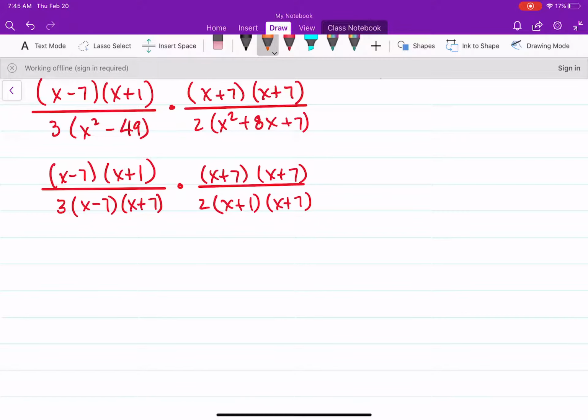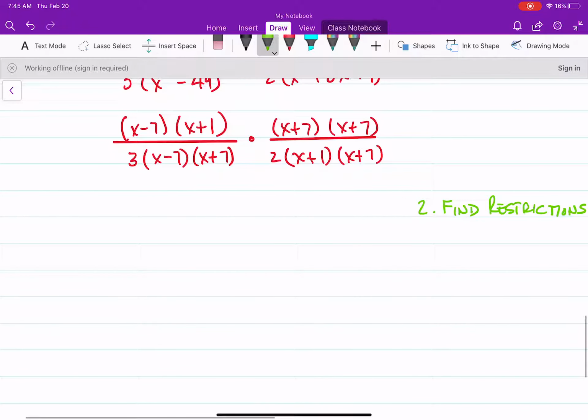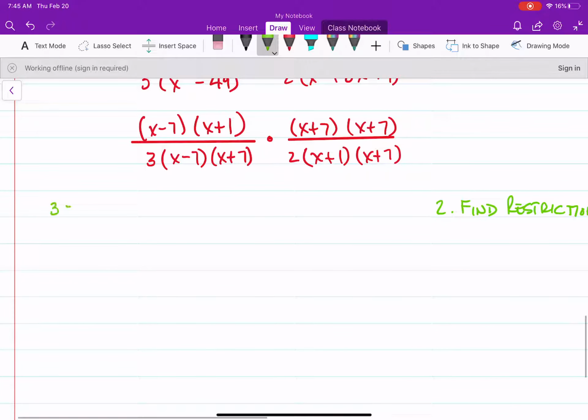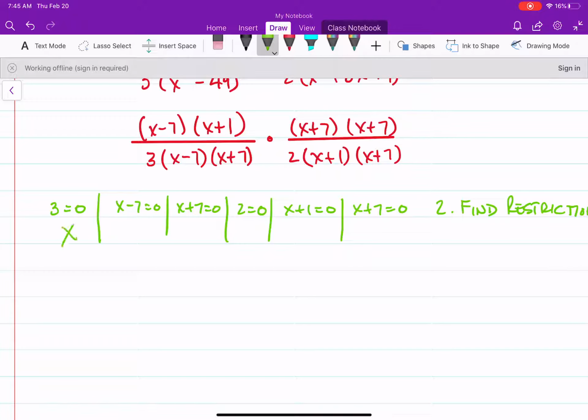So step 2 is to find restrictions. So we're going to have 3 equals 0, x minus 7 equals 0, x plus 7 equals 0, 2 equals 0, x plus 1 equals 0, and x plus 7 equals 0. So again, these are nonsense.